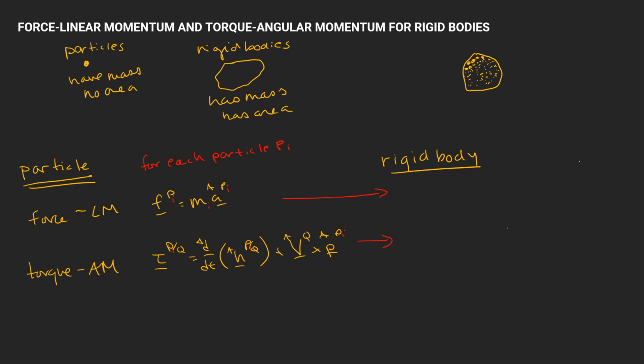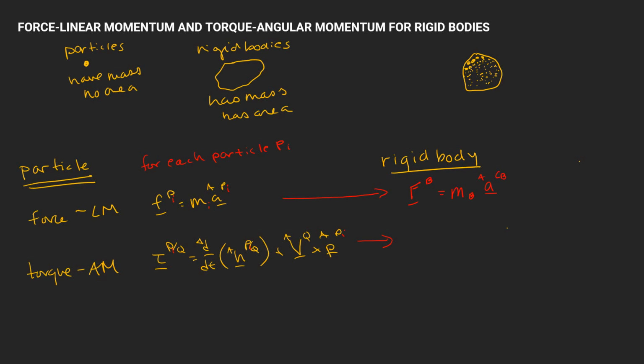So our force linear momentum equation becomes F, and then I'm going to use this superscript B to stand for rigid body. So the total force acting on our rigid body B is equal to the mass of that rigid body times the acceleration of the center of mass of that rigid body.